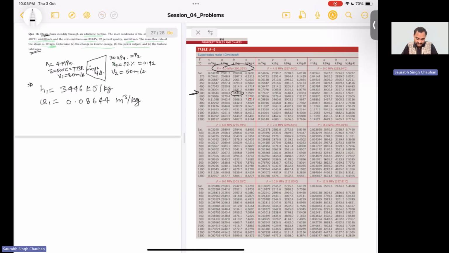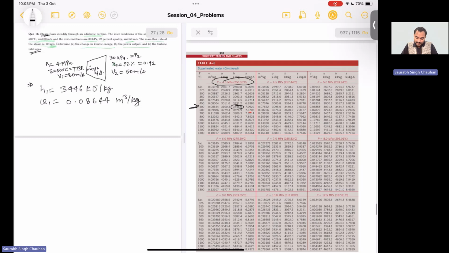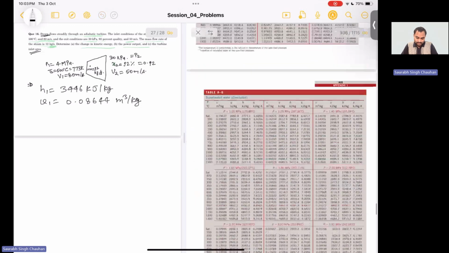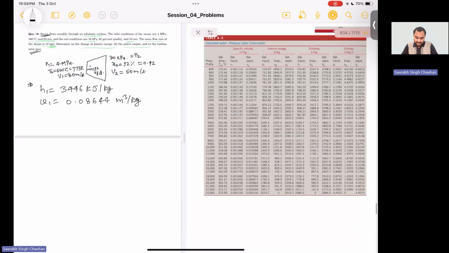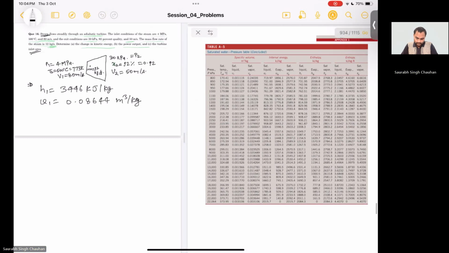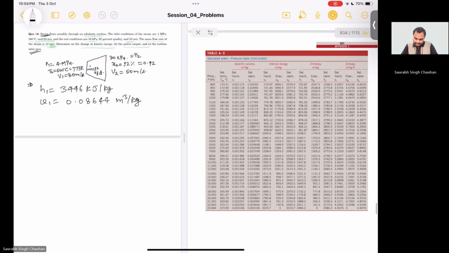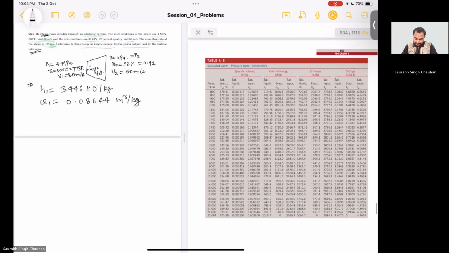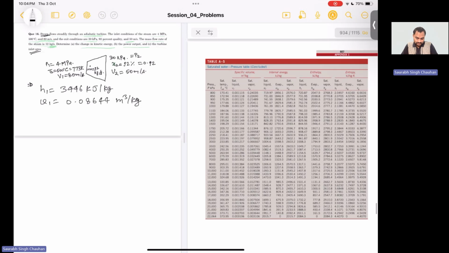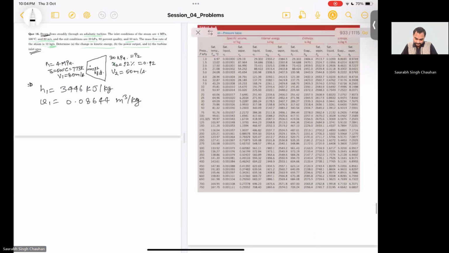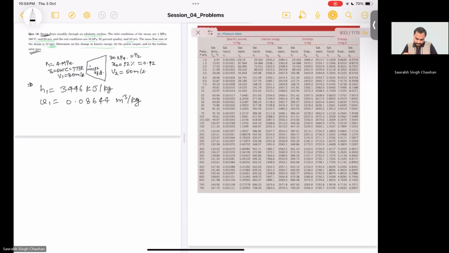At outlet the quality is 92%, so it is saturated, so it should be in the saturated table. We have pressure, right? 30 kilopascal.